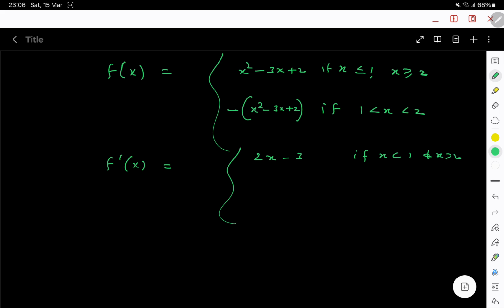And if x is greater than 1 and less than 2, the differentiation of the function is minus 2x minus 3. This is the derivative of the function.